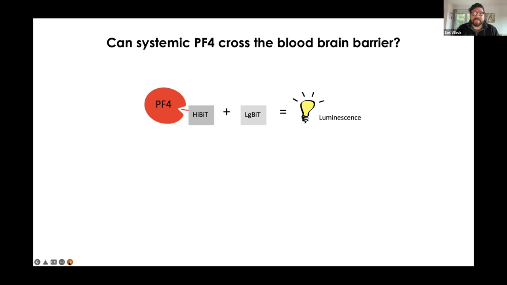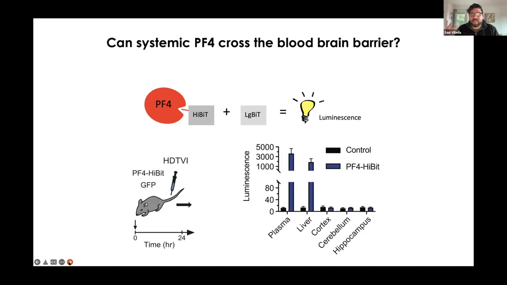We made DNA constructs of this tagged version of PF4 and did high pressure, hydrodynamic tail vein injections, which is basically an in vivo transfection approach into the liver. That allows these factors to be produced by the liver and put into the circulation, so we can detect it in the blood. So we're basically increasing systemic levels of HiBiT-tagged PF4.